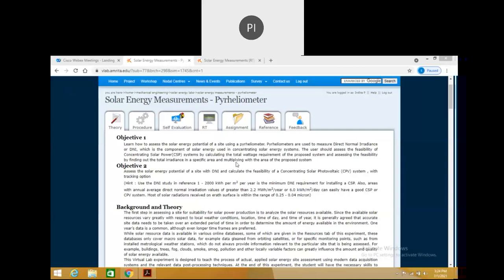If the value we calculate for a particular site is nearly 1 to 2000 kilowatt hour per meter square per year, then automatically we can place photovoltaic panels or thermal power stations in that site. That is the minimum requirement, the prerequisite condition we must test first.